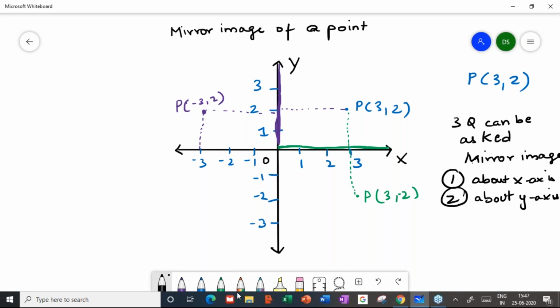And there will be another, the last point. You must have figured it out already, haven't you? So how do you find a mirror image about origin? It is nothing but this. I'll just make a dotted line.